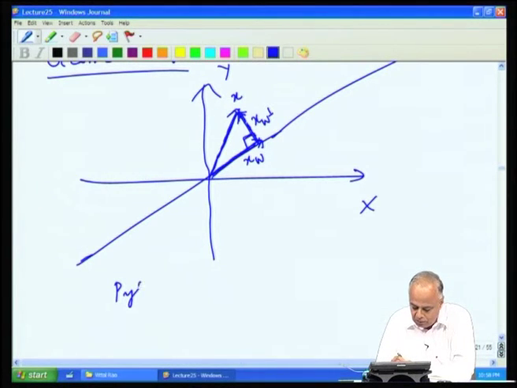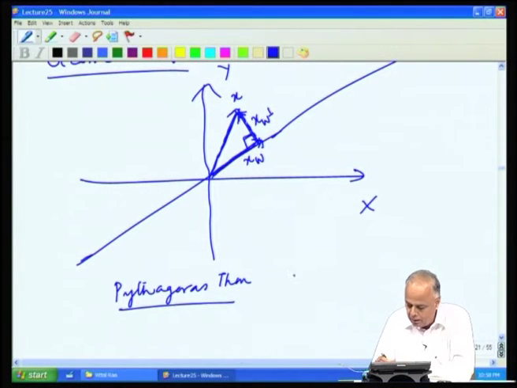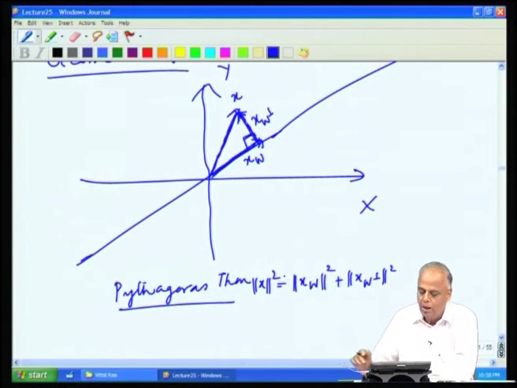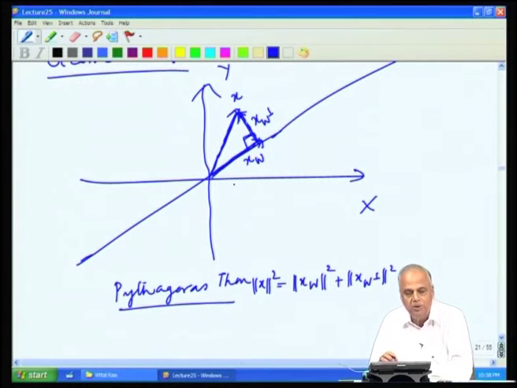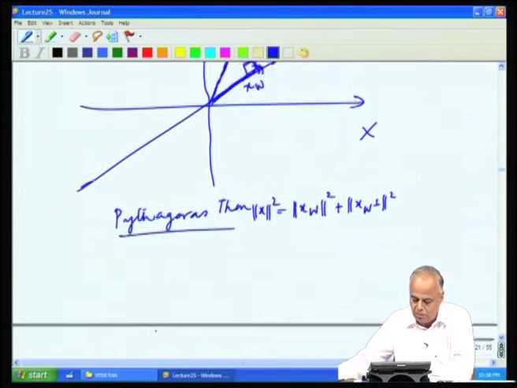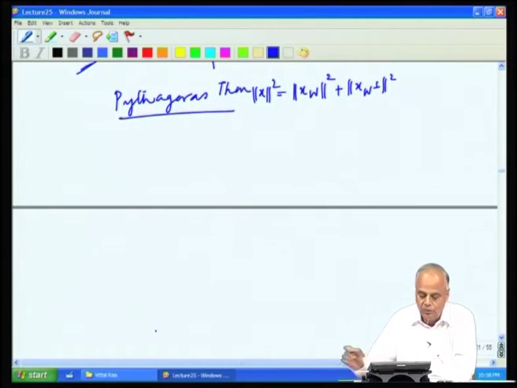So, the Pythagoras theorem says in R^2 that the length of this vector x_W squared plus the length of the vector x_W perp squared is the length of the hypotenuse squared. Now, since we have generalized this projection idea, can we generalize this Pythagoras theorem also? In fact, this is true.